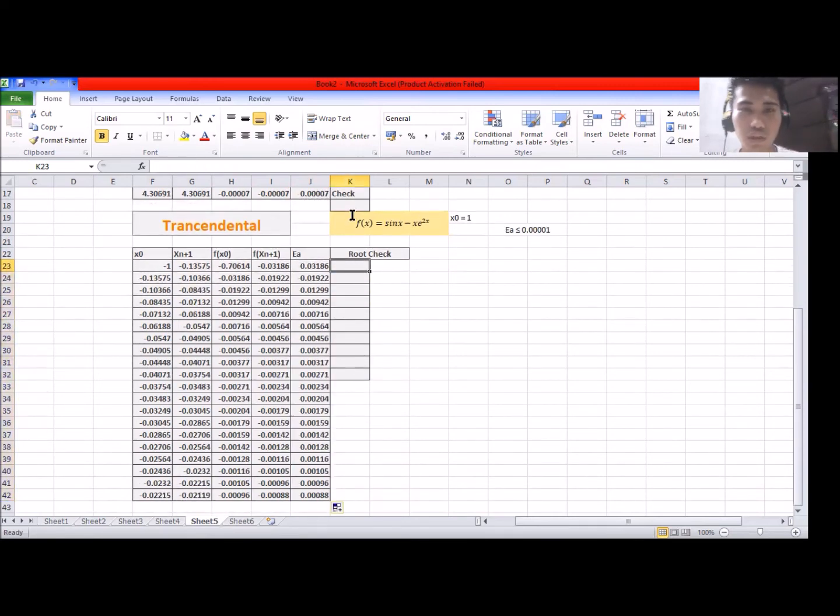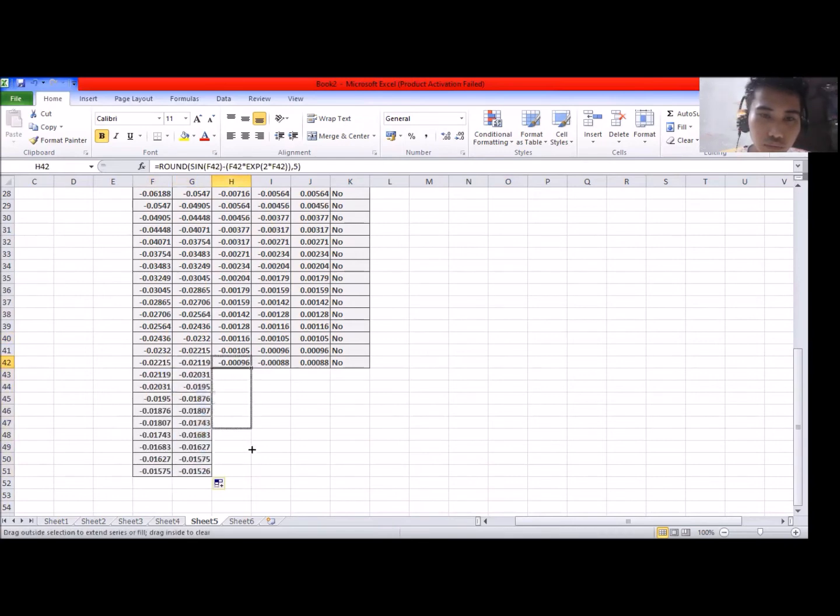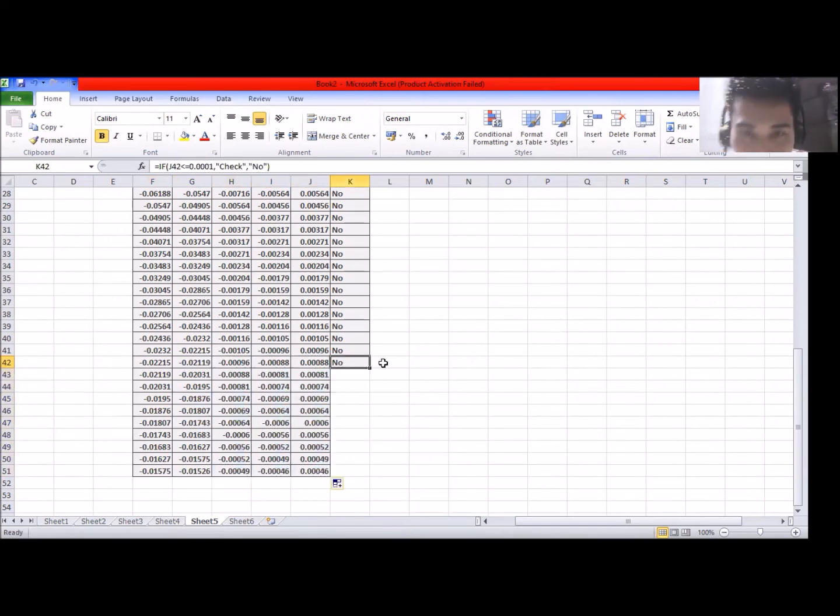So here again checking value no. Here no. So let's set it again until it satisfies the initial estimated root.